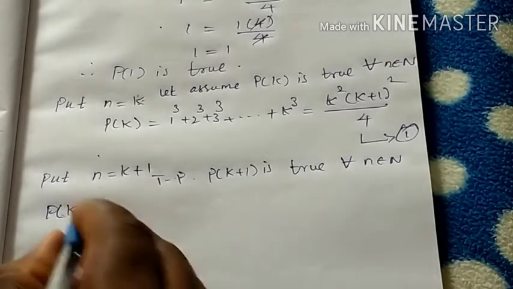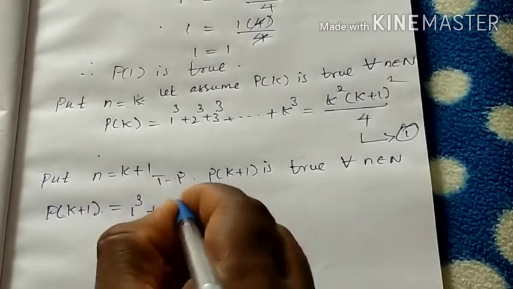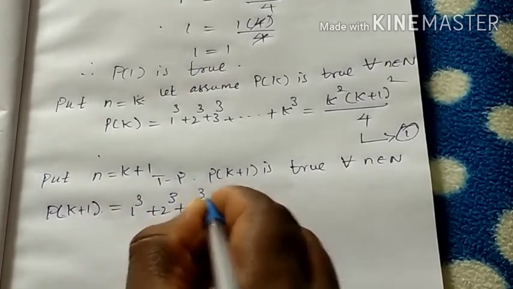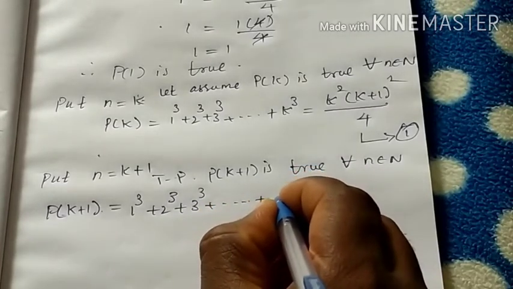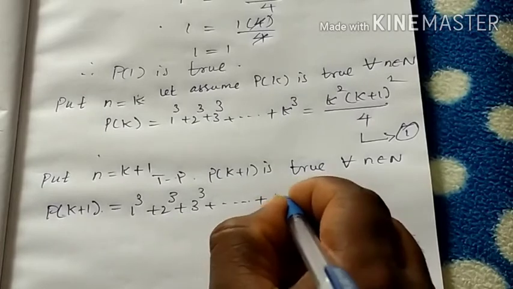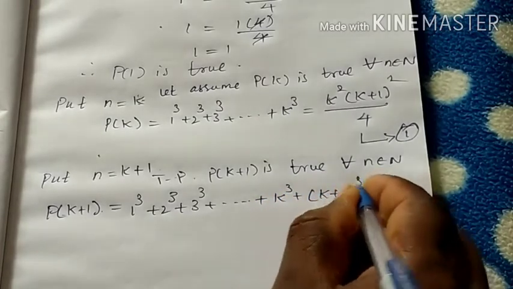Now n changes into k plus 1. So 1 cube plus 2 cube plus 3 cube plus and so on plus k cube plus (k plus 1) the whole cube.